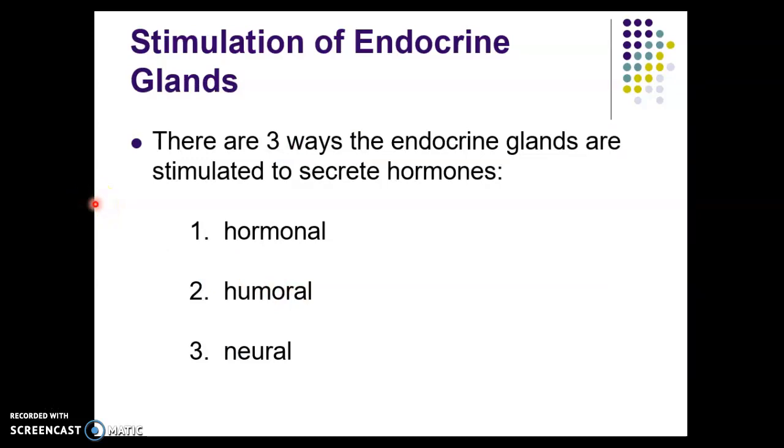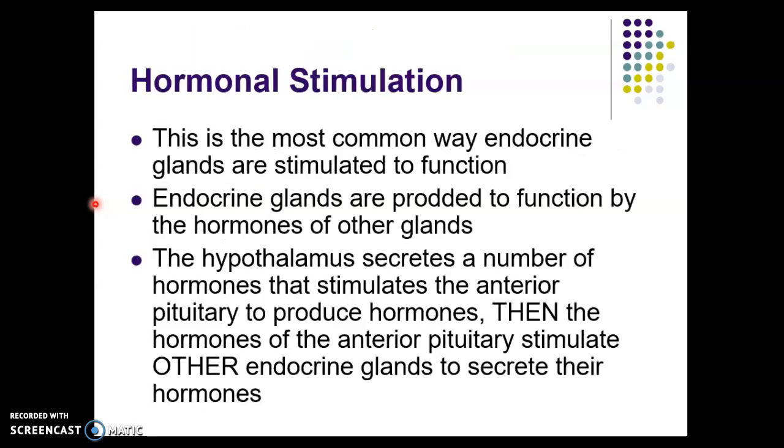In regards to the endocrine system, there are 3 ways in which it is stimulated to function, either by way of hormones, by way of humors or different fluid levels of chemicals within the body, or it's going to be directly stimulated by the nervous system. So hormonal stimulation, what does this mean?